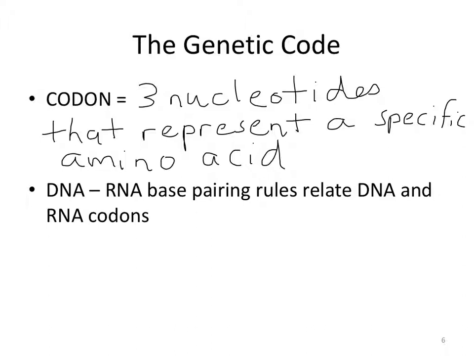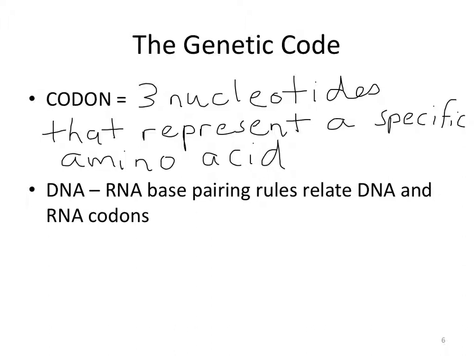Okay, so when we're thinking about the genetic code, it's also important to understand what are known as the DNA-RNA base pairing rules. Those rules relate DNA sequence to RNA codons.